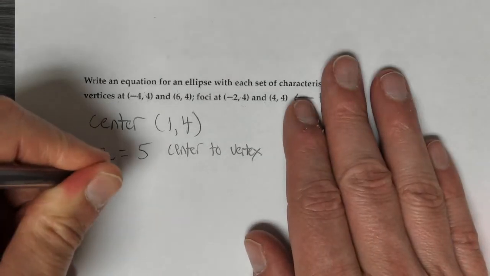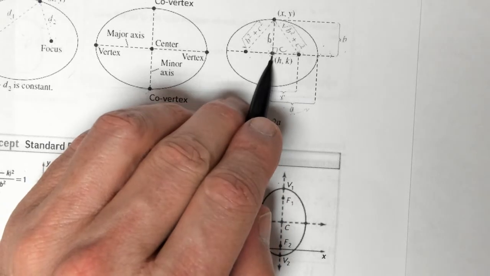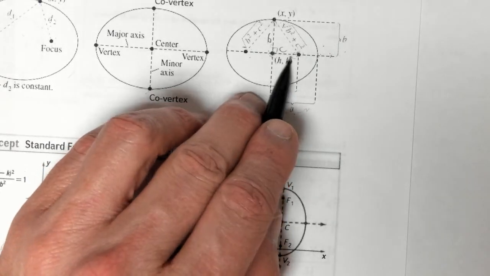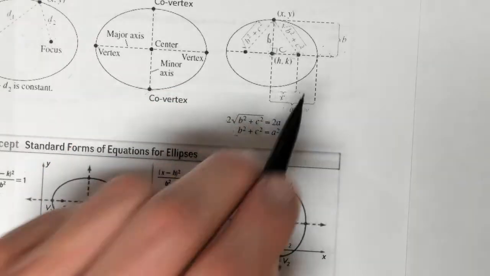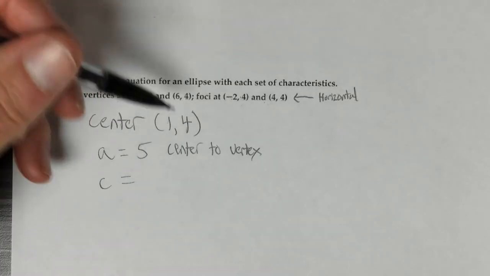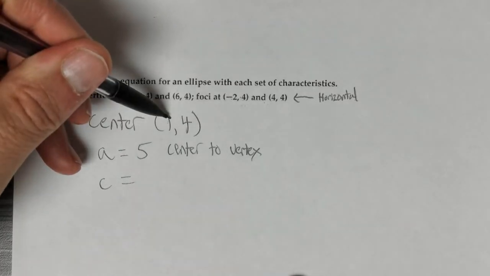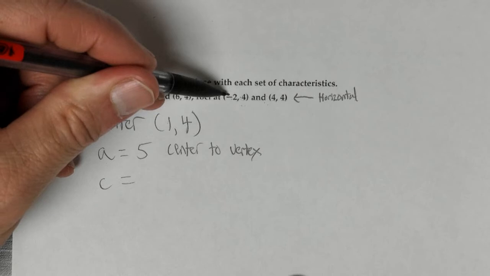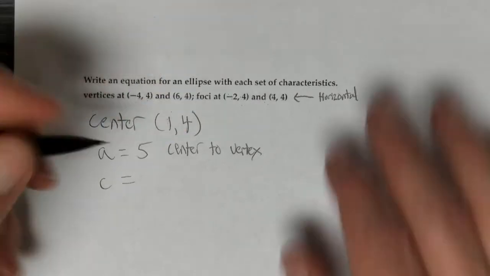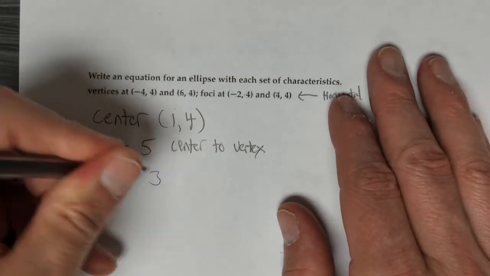So let's see if we can come up with the value for C. What is C? Well, C is from center to the focus. Center, 1, to the focus, negative 2, so that would be 3. And from 1 to 4 is also 3. So the center to the focus is 3.